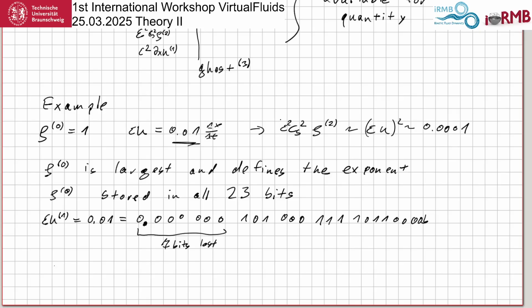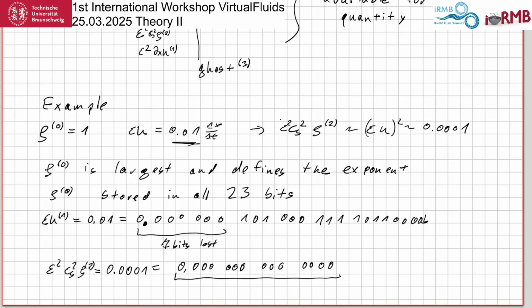So then the pressure, epsilon square cs square rho, say this is of the order 0.0001. So this will be stored in 0.000000000000.